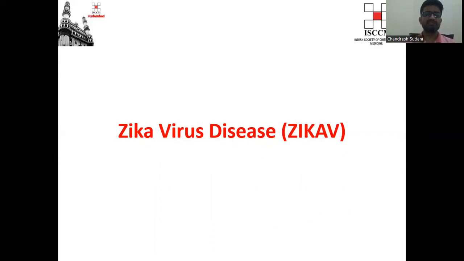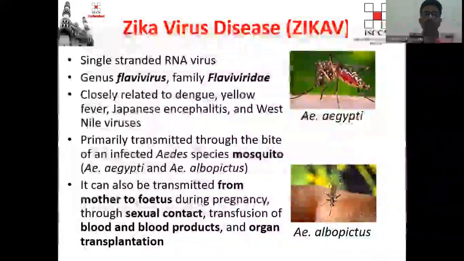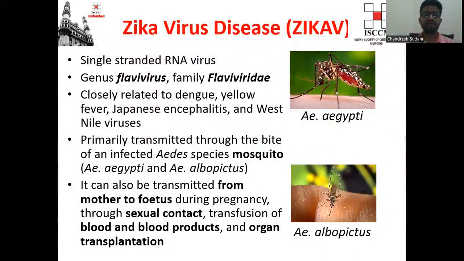Luckily, this disease has very mild symptoms, but there is a particularly high risk of miscarriage in a pregnant woman, and a pregnant woman who is detected with Zika virus has a high possibility of risk of microcephaly in her baby.